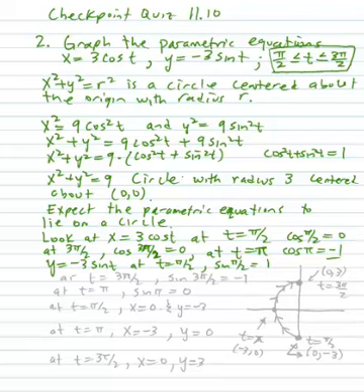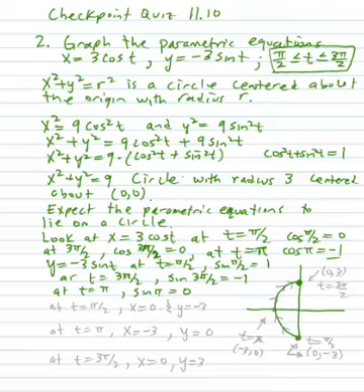And then at t equal 3 pi halves, the sine of 3 pi halves is equal to negative 1. And at t equal pi, the sine of pi is 0. So we see the y direction has maximums at pi halves and 3 pi halves, and then it reaches 0 at pi.